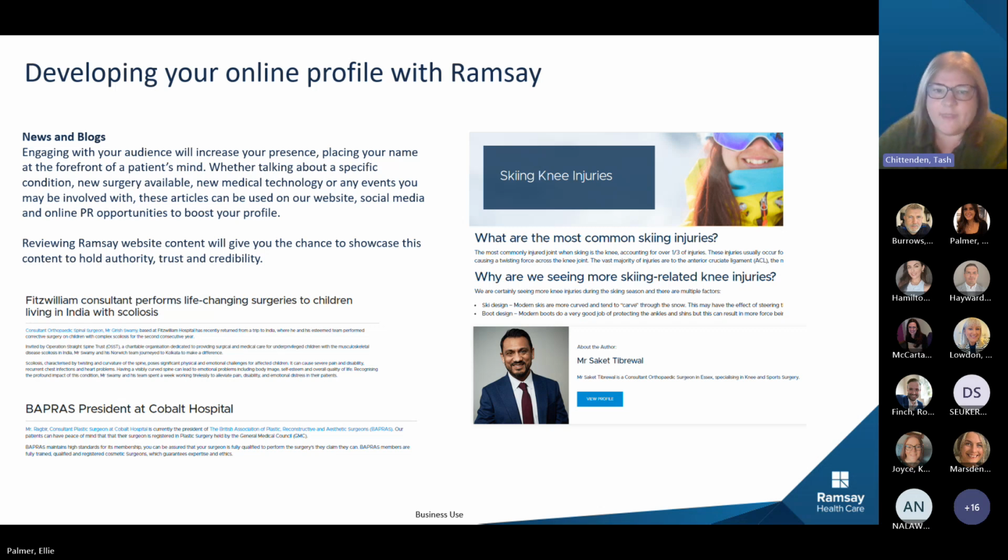We can guide on that as well. We look at what people are searching for in Google, what the most popular things are that people are looking at, and that guides the content. So again, we're not just putting content out there that no one is interested in. We know that they're looking for it, and then you can put that authority and trust to that piece of content as well.